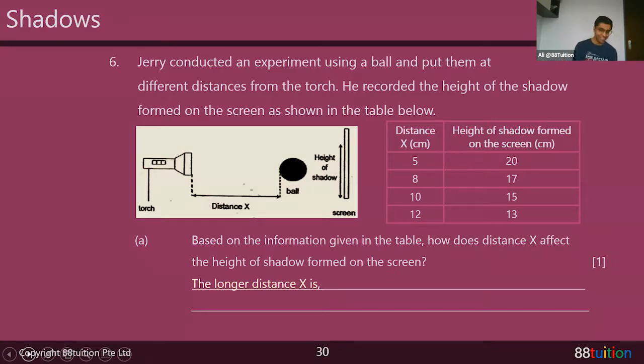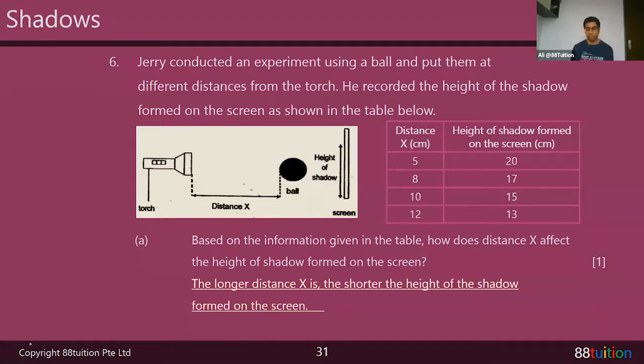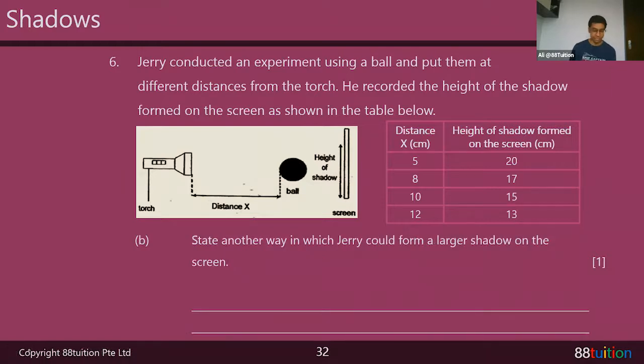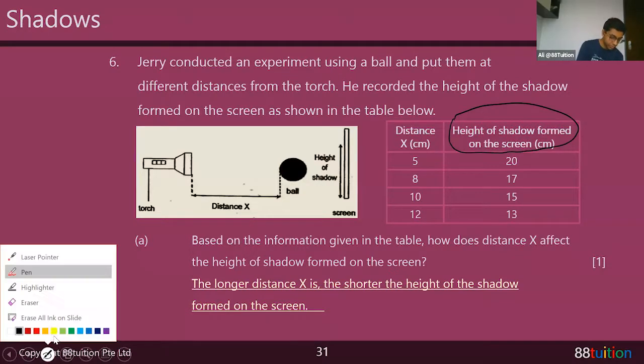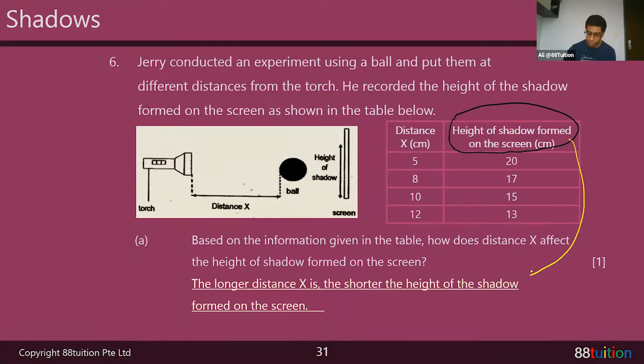That's all. Just copy exactly. See here? I copied. This is how I teach you to just copy. And this also I copy. Because they just ask you based on the information how the distance affects it, you're just supposed to tell how it went up, how it went down.